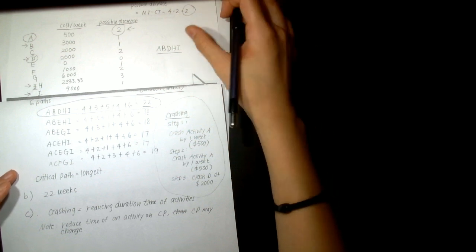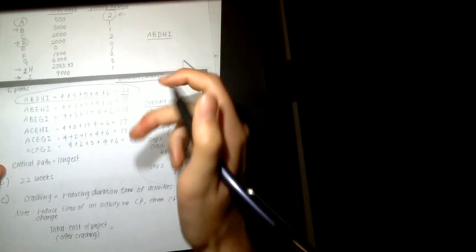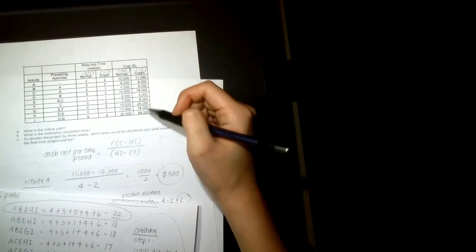So to calculate the total cost of the entire project after the crashing, you want to sum the entire normal cost for all activities. So I think that equals 94,000.